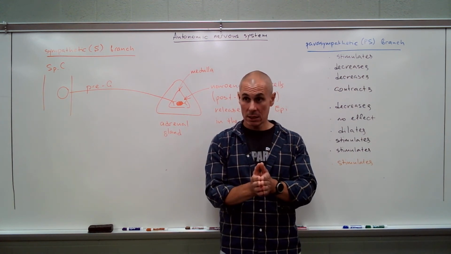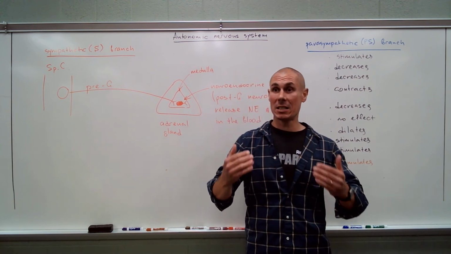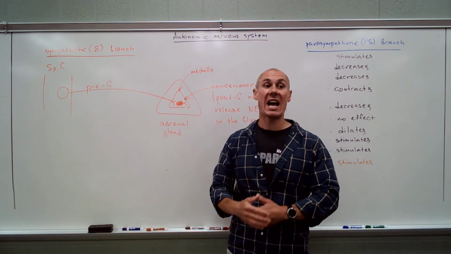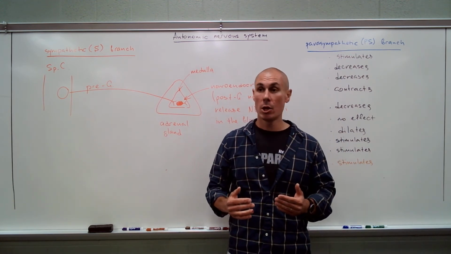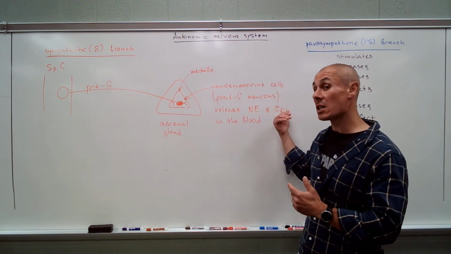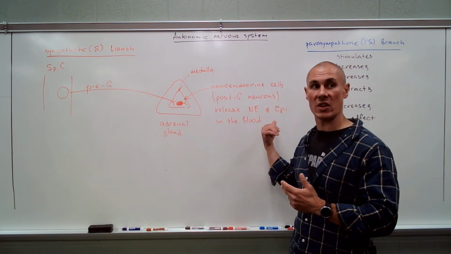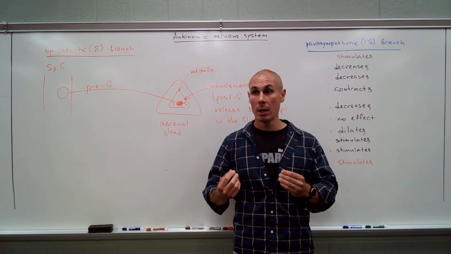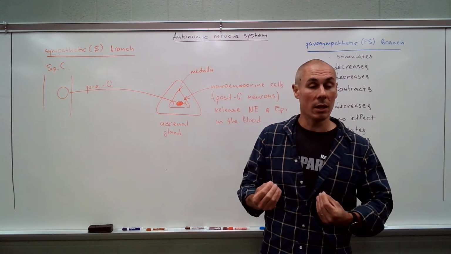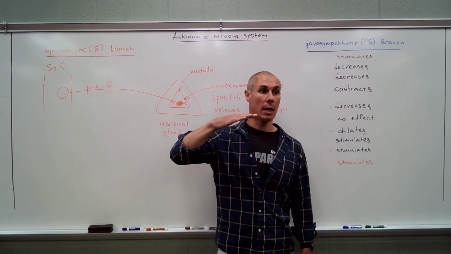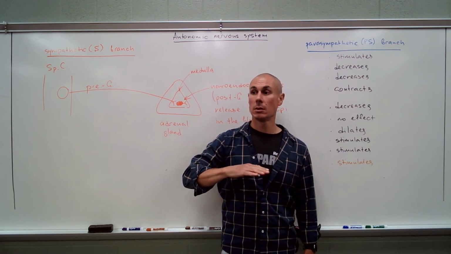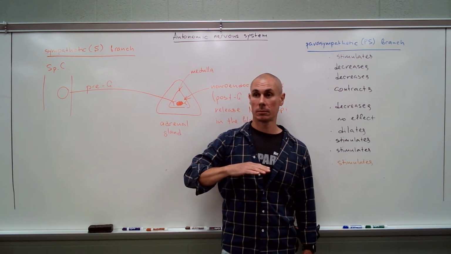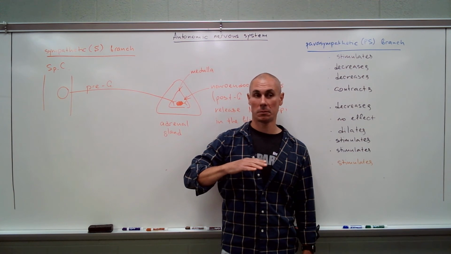Does it make sense? Which means they're going to be delivered everywhere, and it takes a lot of time to clear those things from the blood. So this is why if you get angry, it takes a while for you to calm down. That make sense? Good?